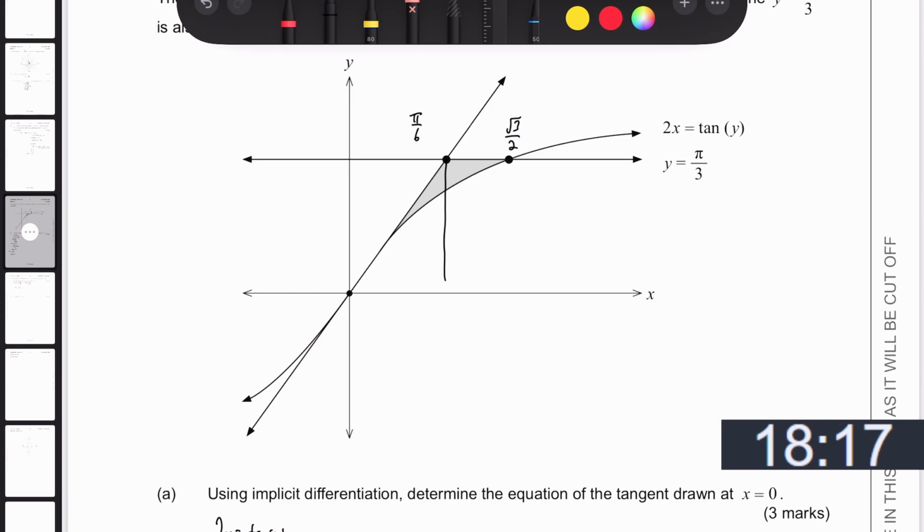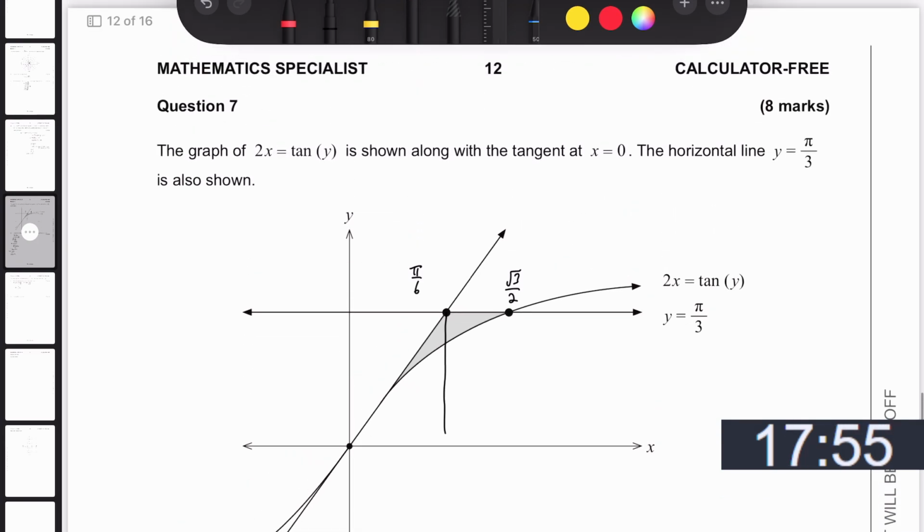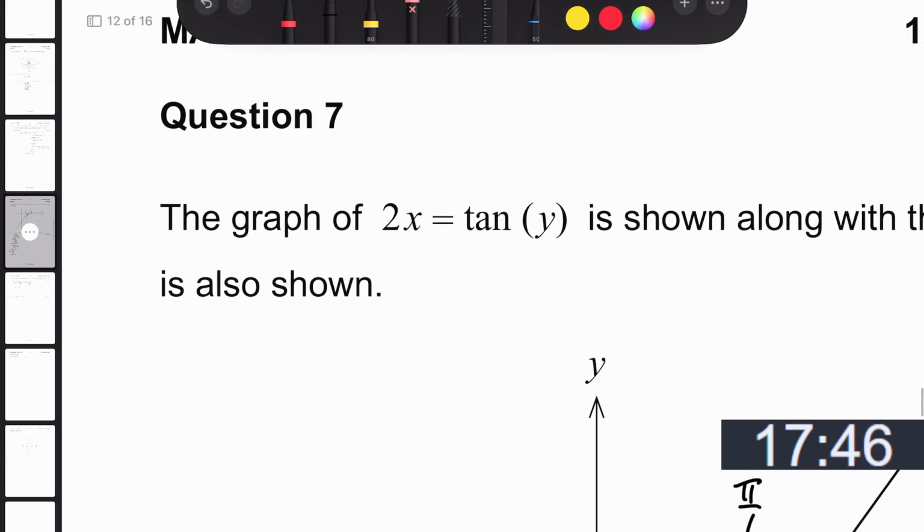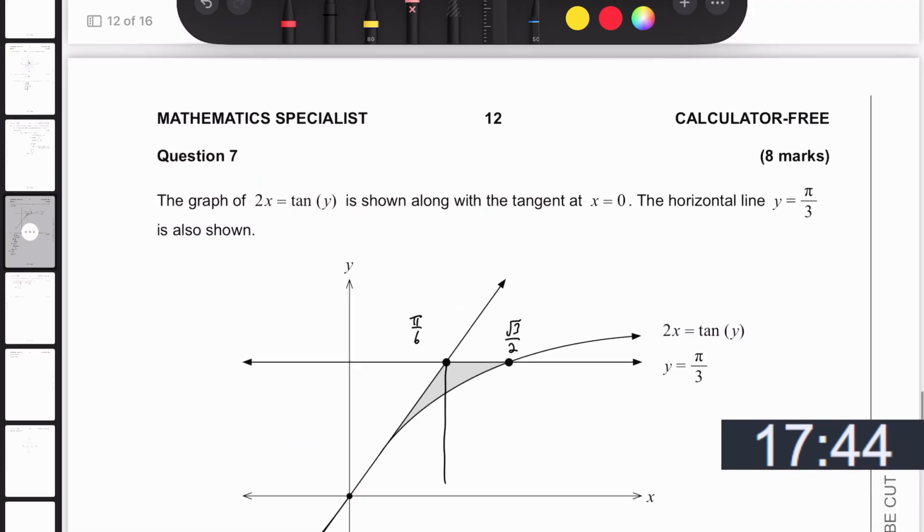x is equal to tangent of y. Should I just do that, x is equal to tangent of y instead?